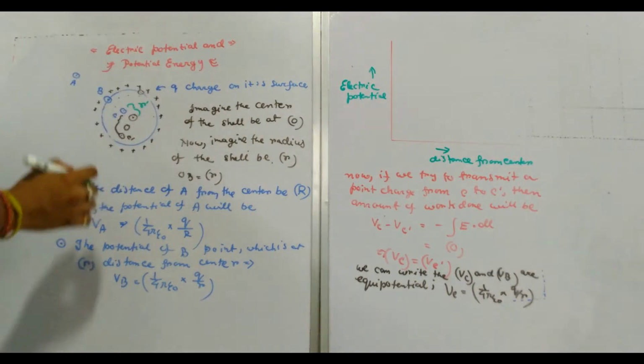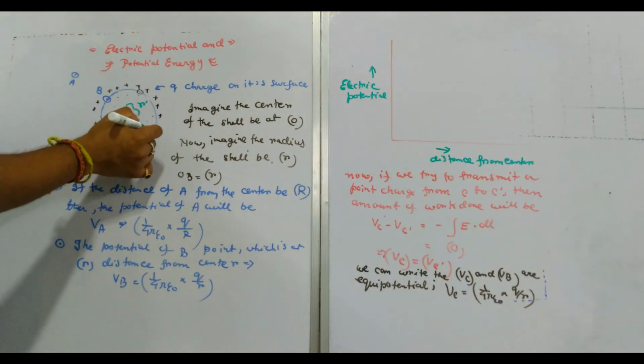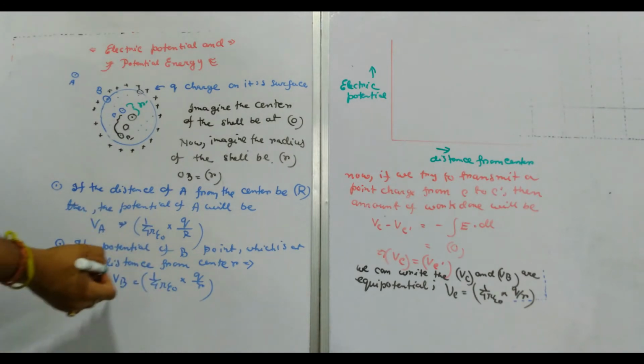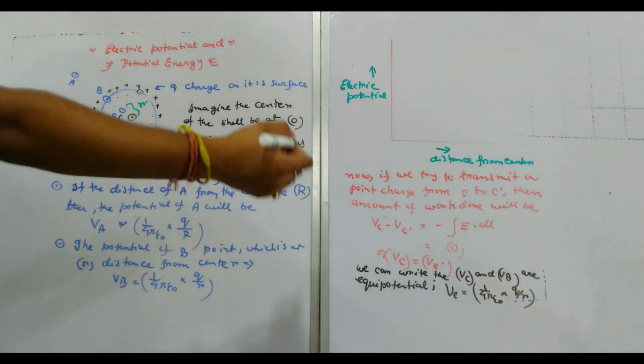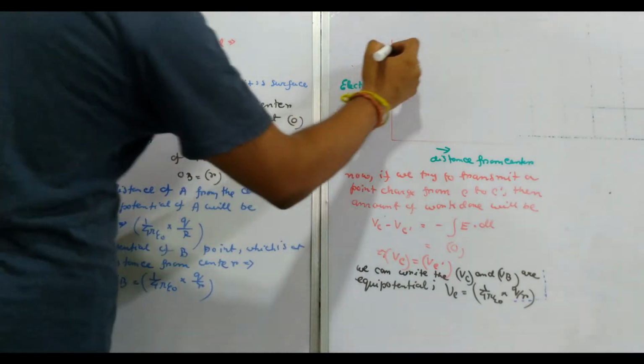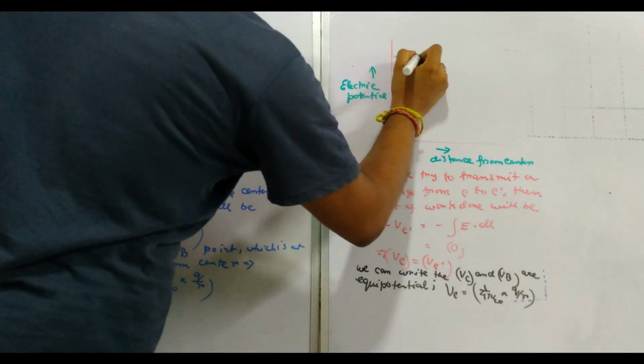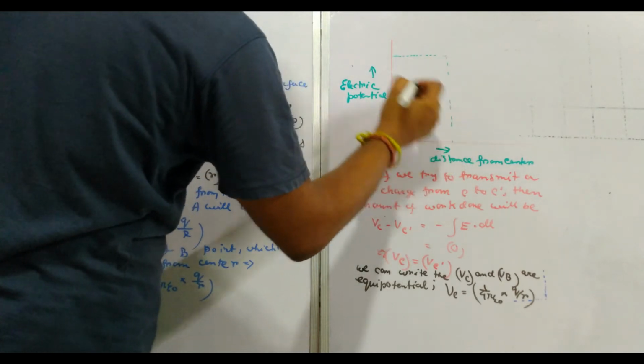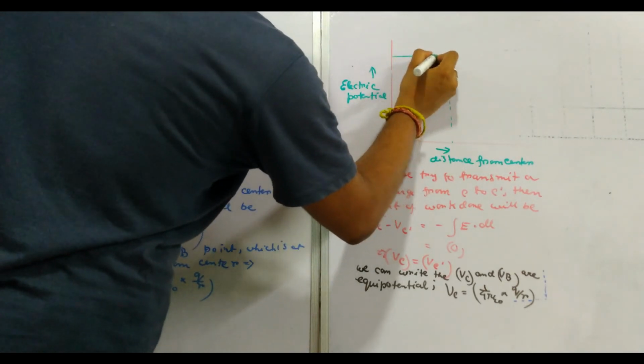So inside the hollow spherical surface, the potential is equal to Vb, that is Vb must be equal to Vc. So up to the surface, the potential on each point will be the same.